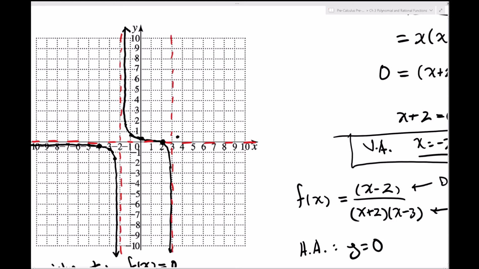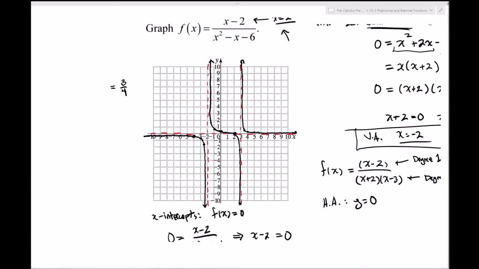If I plug in x equals 4, 0.33333, so that's 1/3. If I plug in 5, 0.214. So you kind of get the idea. This is slowly going towards 0. And this one is decreasing from the left, but from the right it's increasing. So eventually it's going to blow up towards positive infinity. And that's what this graph looks like. So that's good enough.